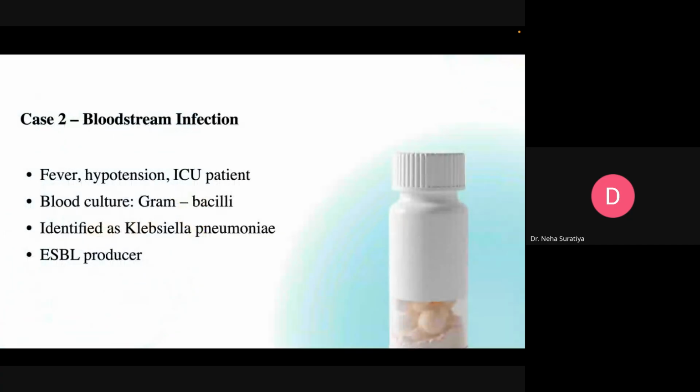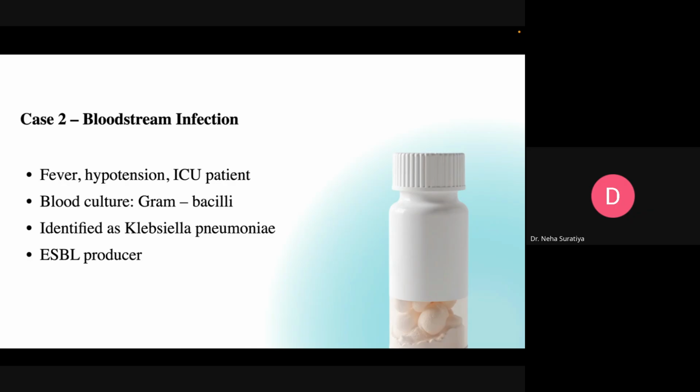Second case is bloodstream infection. See here. The case is an ICU patient, fever and hypotension is there. Fever, hypotension in the ICU patient. The blood culture is showing Gram positive. Sorry, the word positive is not written here, but Gram positive is the blood culture report, and bacilli is the organism identified. Bacilli can be identified as Klebsiella pneumoniae, an ESBL producer.